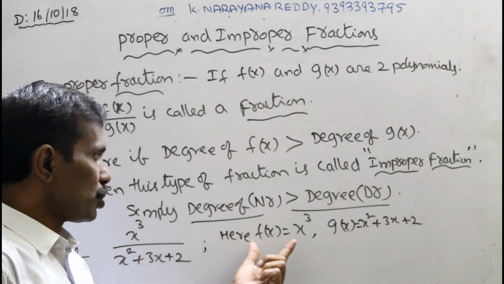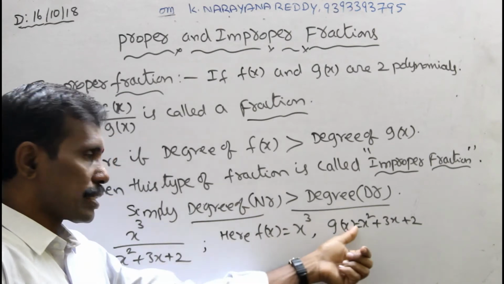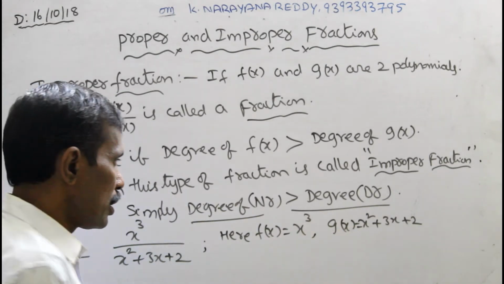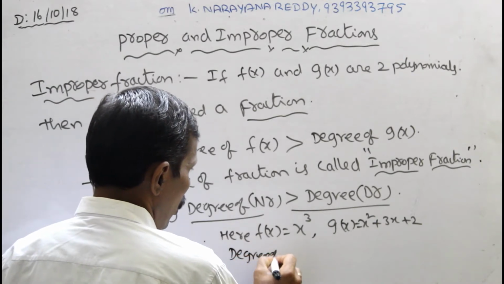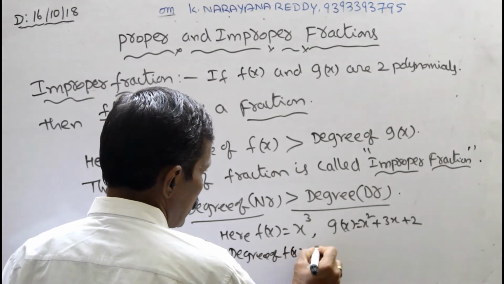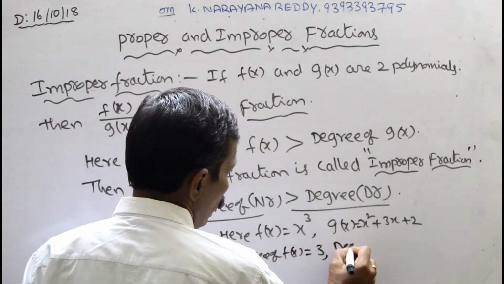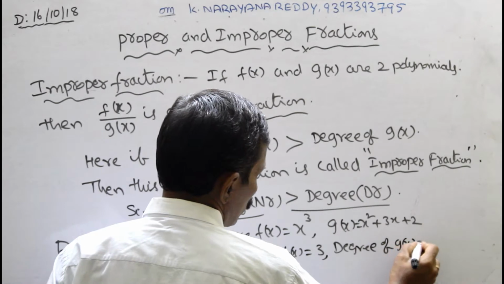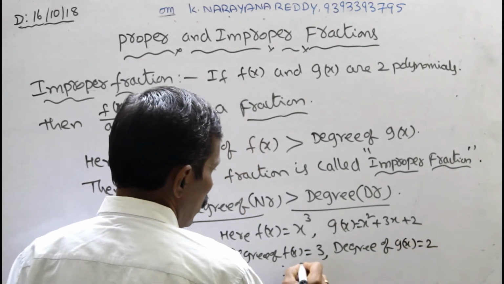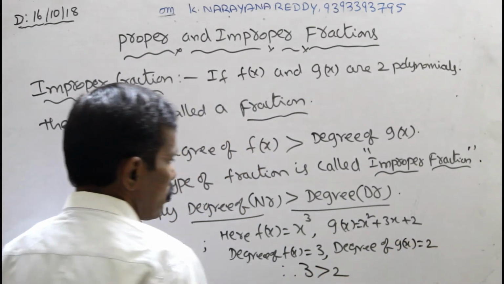These two are polynomials, but the degree of f of x is 3 and the degree of g of x is 2. Therefore, 3 is greater than 2.